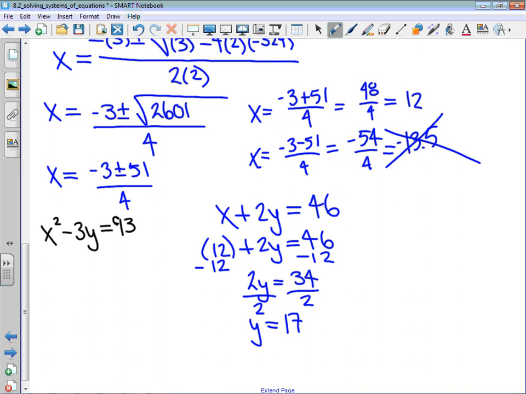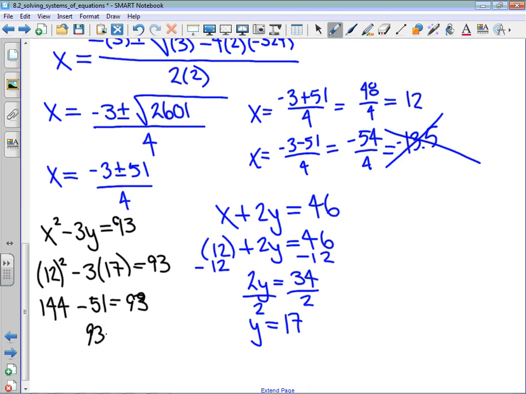So x was 12, so 12 squared minus 3 times 17 should equal 93. 12 squared is 144. 3 times 17 is 51. Guess what 144 minus 51 is? It's 93. And so we know that holds true in at least the second equation. Now, it's worth mentioning that that's not really a full verification. We should check it in both equations, but we didn't have to verify in this problem. I just think it is a good habit to get into.